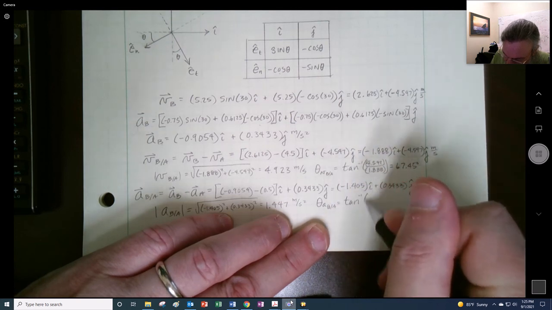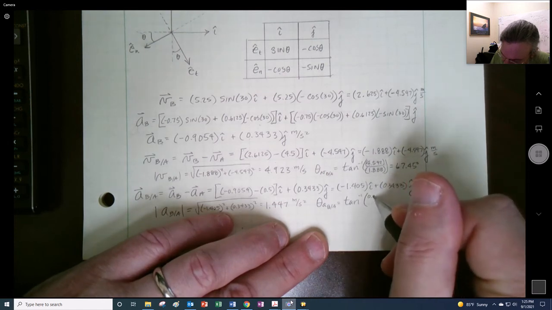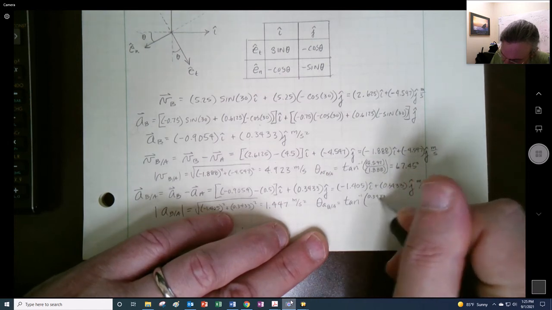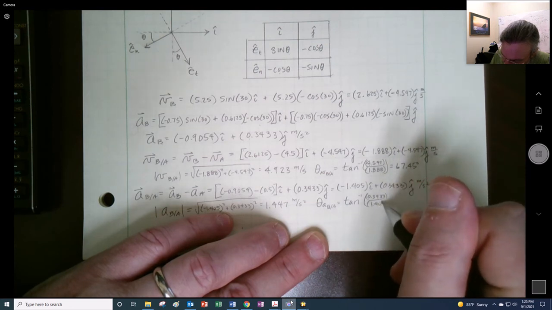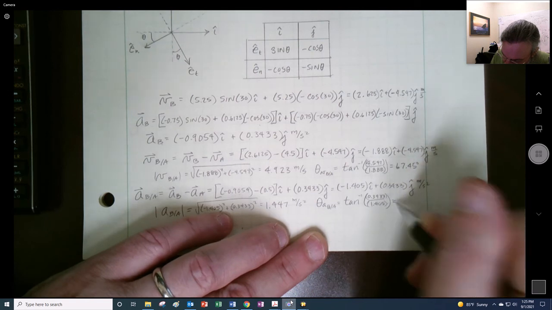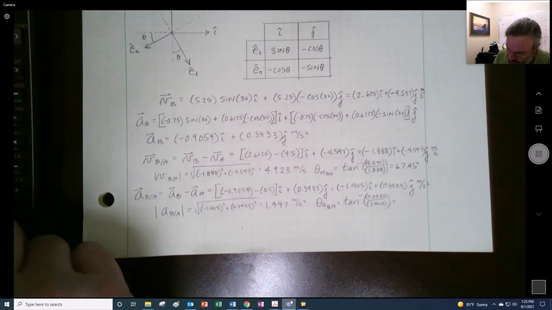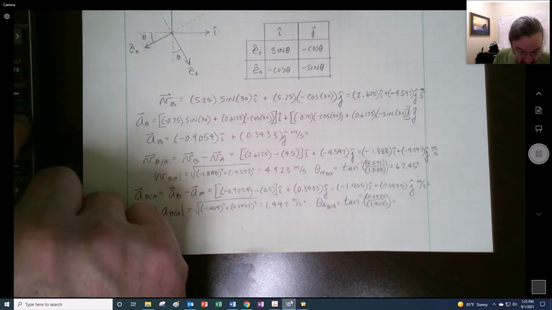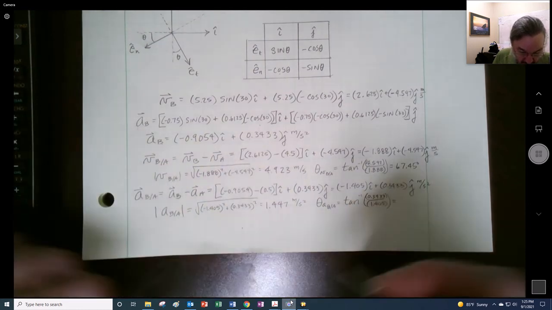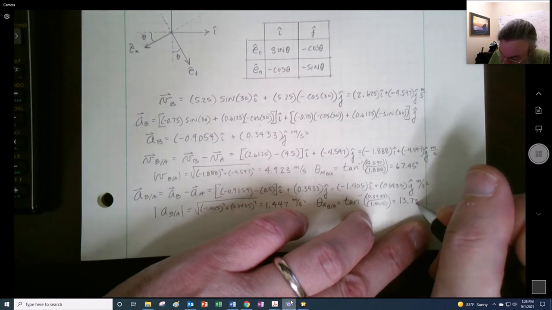Not that it matters, I know what I mean. So I get the rise, 0.3433 over 1.405, 0.3433 and 1.405, divide and then take the inverse tan, and that's only 13.73 degrees.